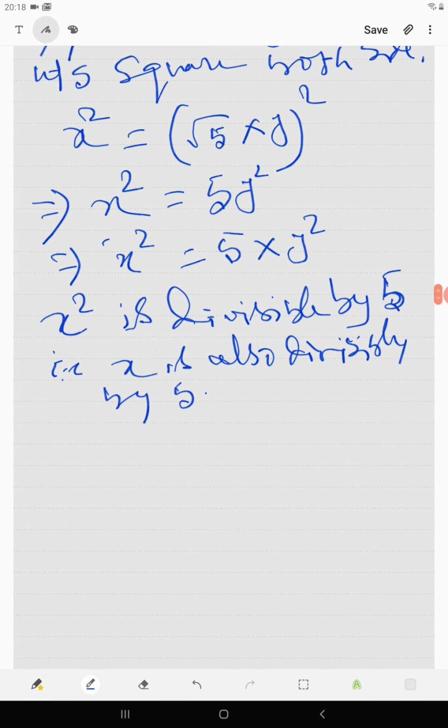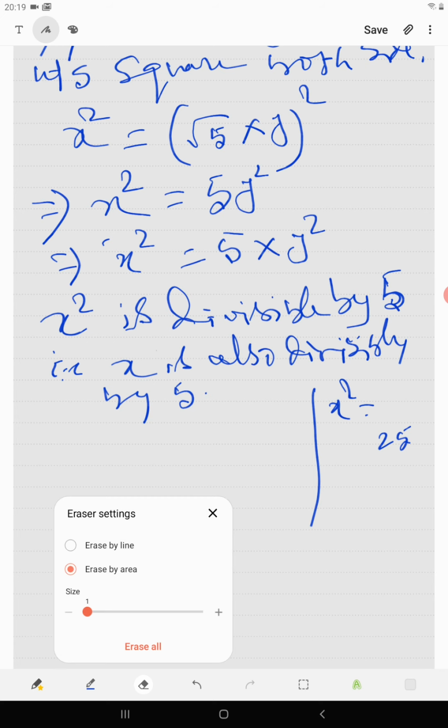Let's take an example. If x square is a multiple of 5, it can be like 15, or like 25. Of course, 15 is not in square form. If x square is divisible by 5 and should also be a square, then 15 is not correct. So it can be like 25.